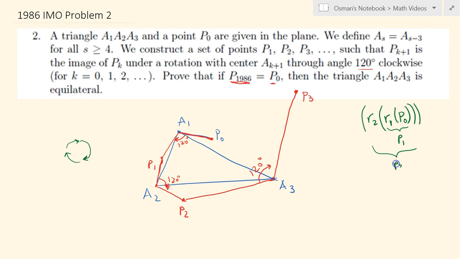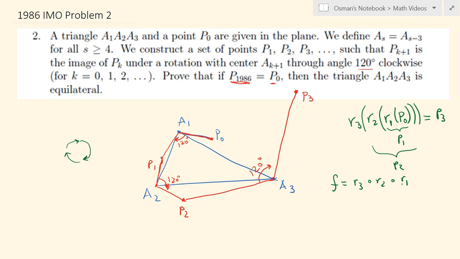P sub 2 is rotated around point A sub 3, and we reach the point P sub 3. So what I will do is this composition, let me just call it F. So F is equal to R3 composition R2 composition R1.